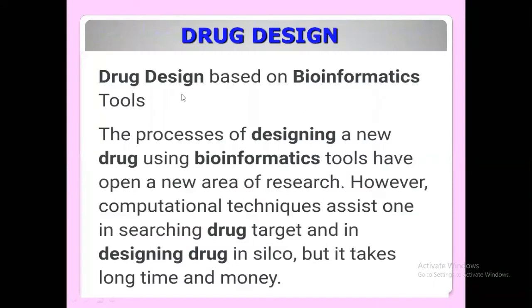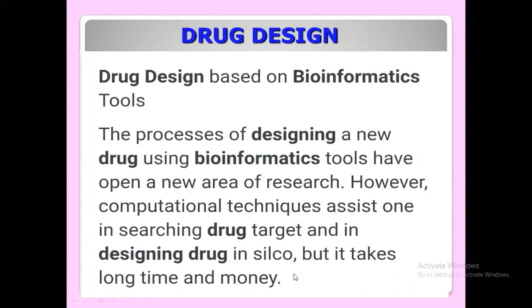So what is drug design? Drug design is based on bioinformatics tools nowadays. The process of designing a new drug using bioinformatics tools has opened a new area of research. Computational techniques assist one in searching for a drug target and in designing a drug in silico.